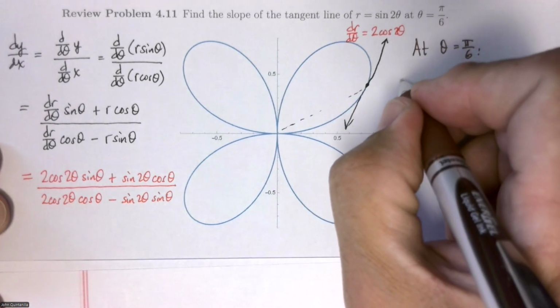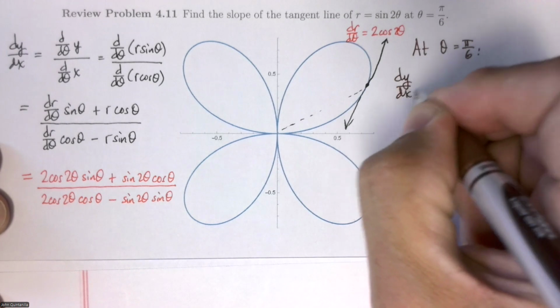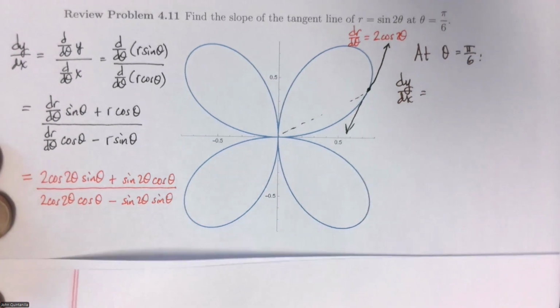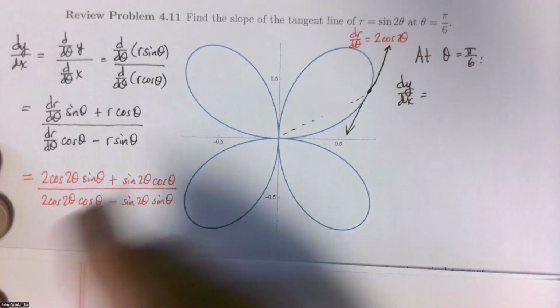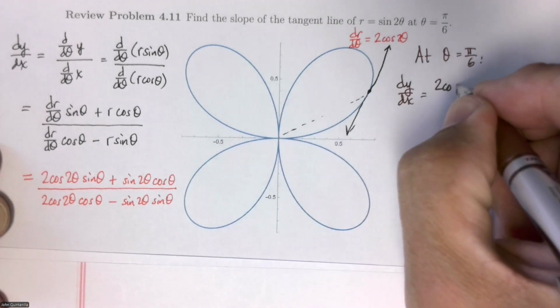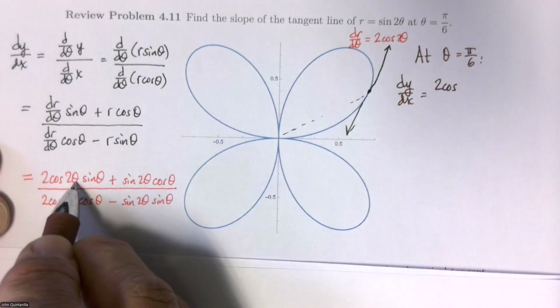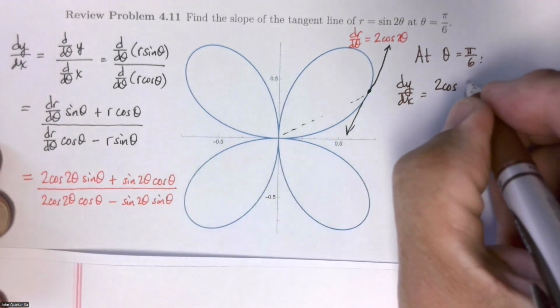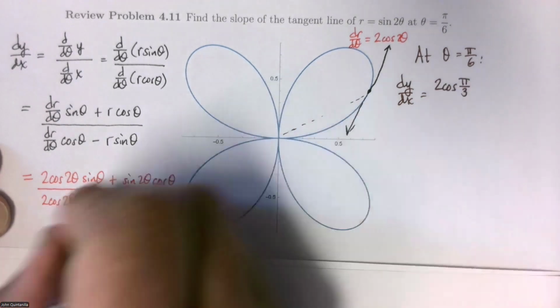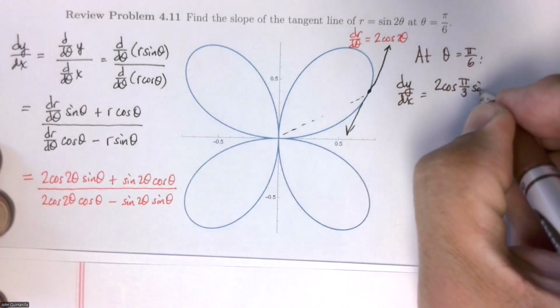When I plug in pi over 6, I get dy/dx is equal to 2 times the cosine of 2 times pi over 6, which is pi over 3, times the sine of pi over 6.